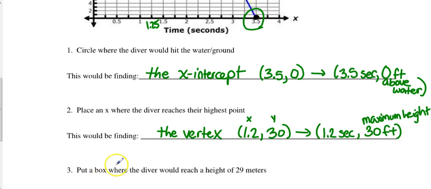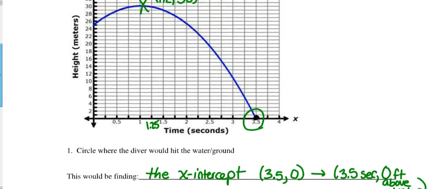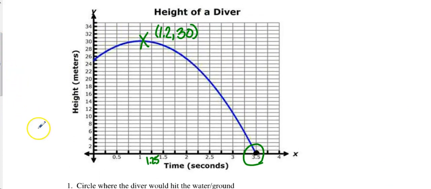Number 3 says, put a box where the diver would reach a height of 29 meters. So I come to my graph. Meters is on the y-axis. So let's see, I'm going to find 29. Here it is. Right there, in between 28 and 30 is 29. And it says to put a box. So I'm going to go over once right here.